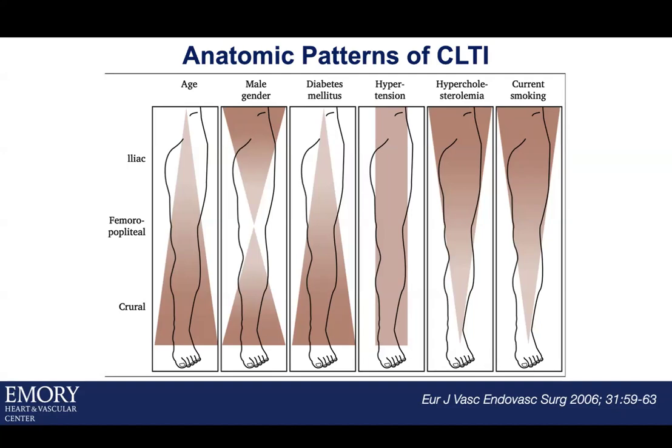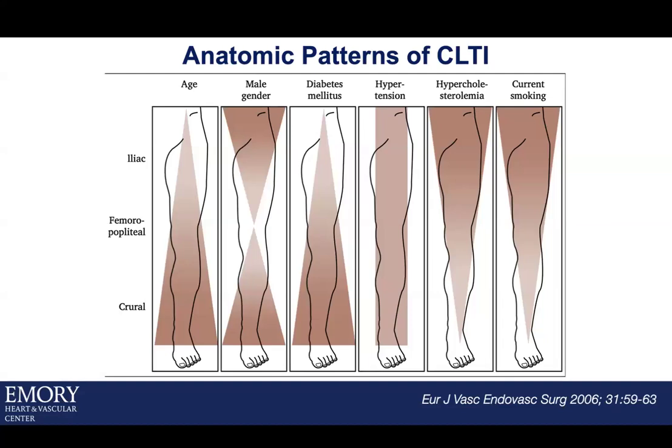And below knee arteries typically become increasingly involved as the disease progresses. However, femoral popliteal and infrapopliteal disease does not always progress in parallel. A lot of times, one bed will progress more than the other. A lot of times, the infrapopliteal will become worse than femoral popliteal, or the opposite. It really depends on the risk factor.